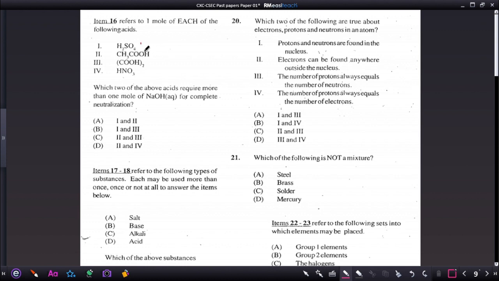Sulfuric acid plus sodium hydroxide gives us sodium sulfate, Na2SO4, plus water. Remember, an acid-base reaction produces the salt, which is sodium sulfate, and water. Balancing the equation, there is Na2, so you need a 2 beside the sodium hydroxide. So you see that it requires 2 sodium hydroxide, as the question says, more than 1 mole of sodium hydroxide is required.